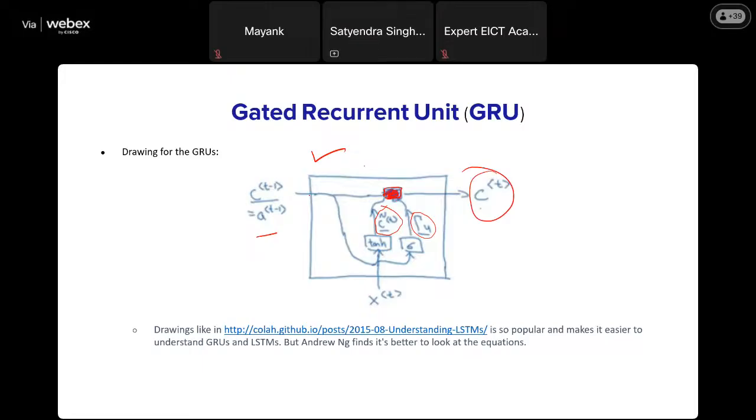It could be CT minus 1 or it could be a new C tilde T. Think of it as a gate which enables the pass of either C tilde T or CT minus 1. And this type of drawing is quite popular, which is easier to understand the GRU.